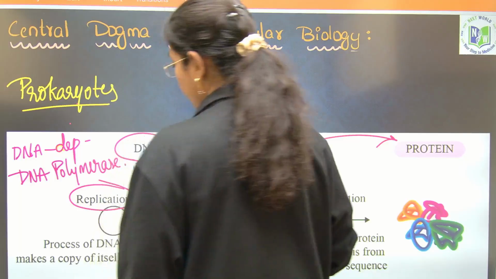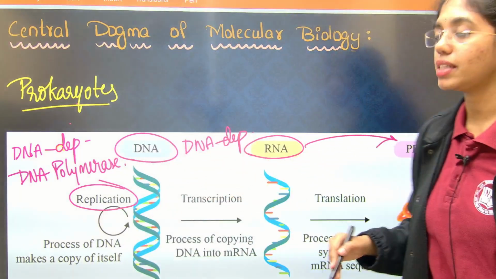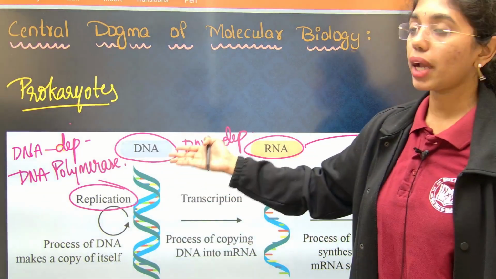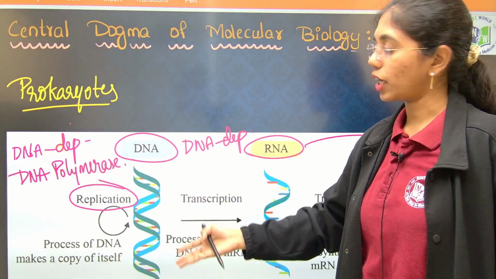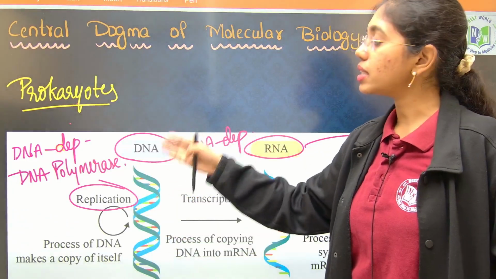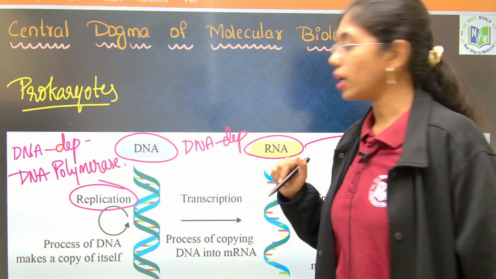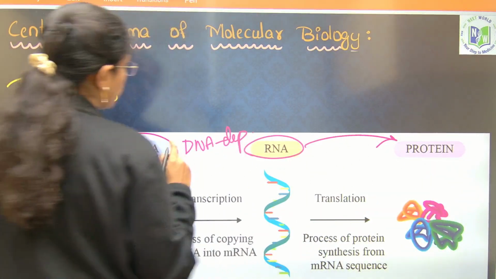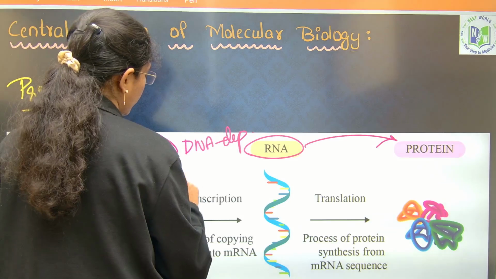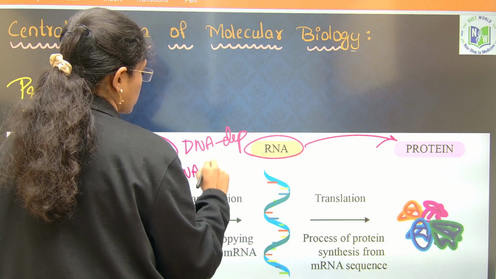I am writing the major enzymes; around 7 to 8 enzymes are required for DNA replication, but the major enzyme for synthesis I am describing here. For replication it is DNA dependent DNA polymerase, for transcription it is DNA dependent RNA polymerase.